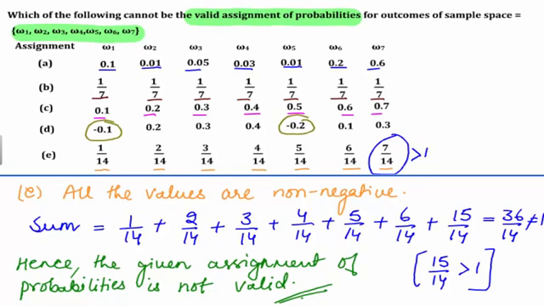This completes the solution, and we see that only part A and B has valid assignment of probabilities. So, C, D and E cannot be the valid assignment of probabilities for the outcomes of the given sample space.